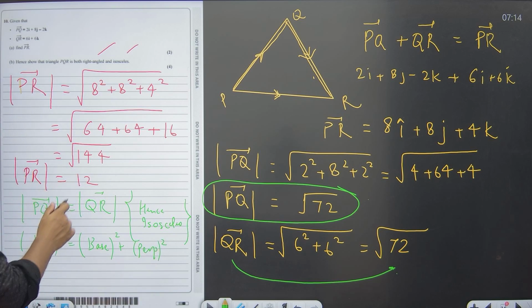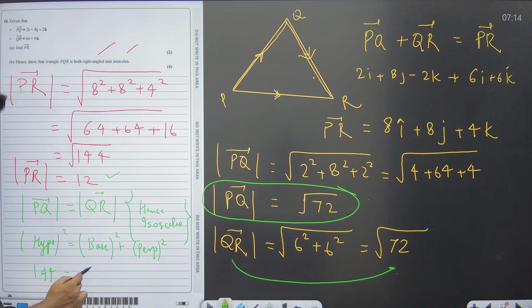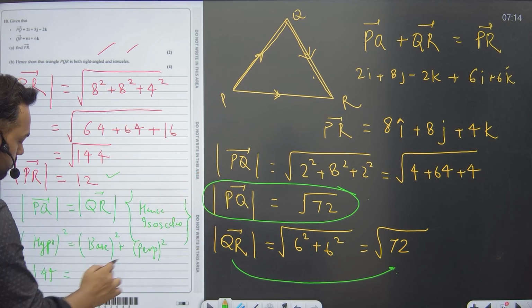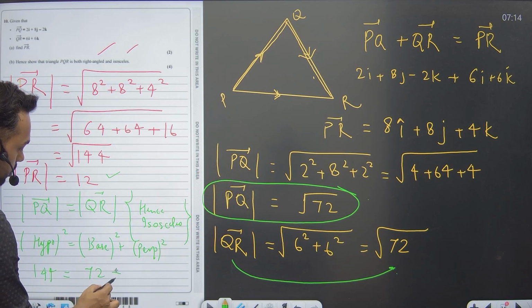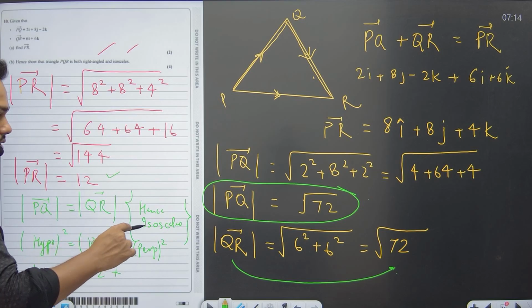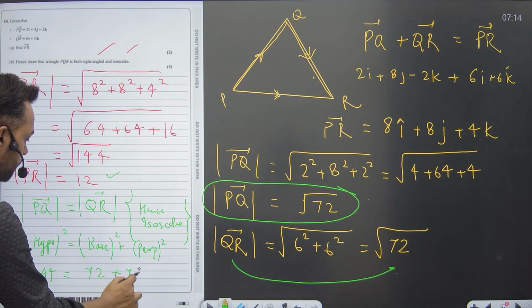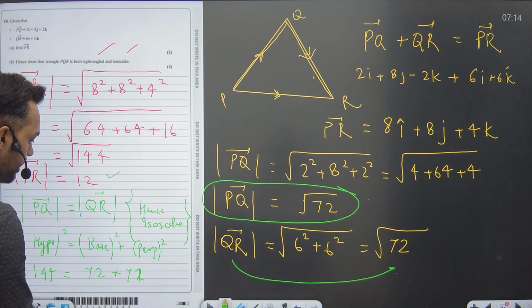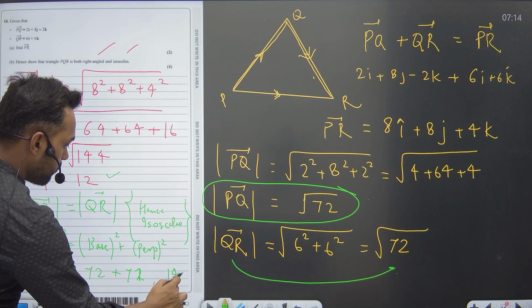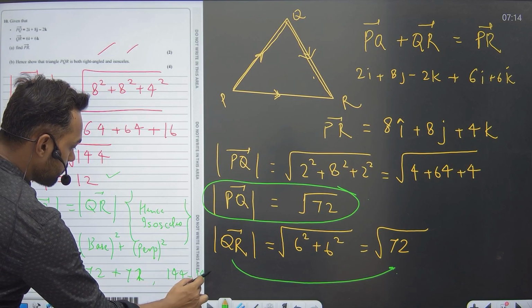The biggest side we can see is PR, the magnitude of PR vector, which is 12. So 144 will be equal to the base, two sides are equal, so the square of root of 72 will be 72 plus 72. So we can say here that 144 is equal to 144.